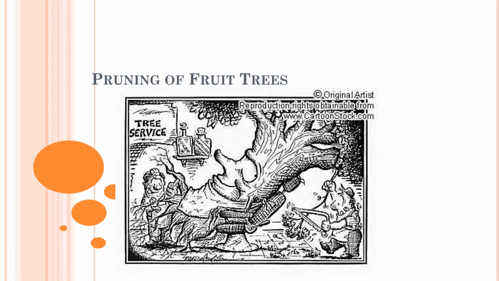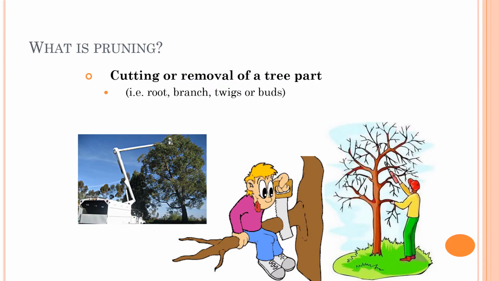What is pruning? We'll start to define pruning. Pruning is basically cutting, or removing completely. Either you cut back or you remove any tree part. It is all called pruning. Whether you cut a root or a branch or a twig or small stem or even a bud.